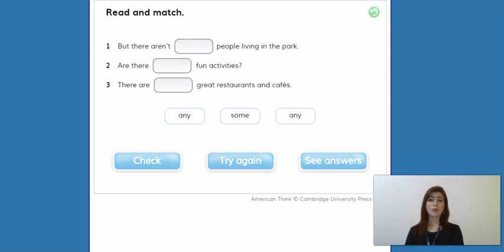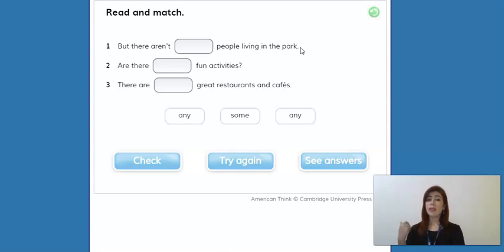Okay, guys, so remember when I told you on exercise 1 to observe the words any and some that we had? Now let's take a look on how to use them. And to do that, first we will do this activity here. Well, let's observe the situation and decide what's the best word to complete each sentence here. Okay? Here we have, but there aren't, blank, people living in the park.